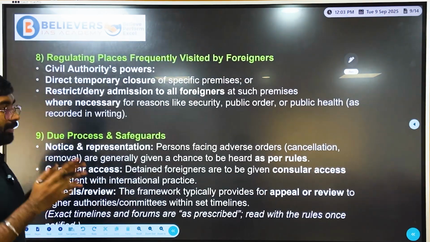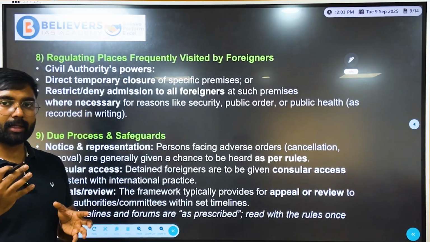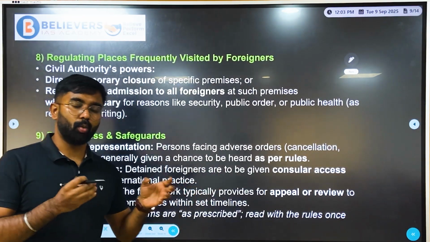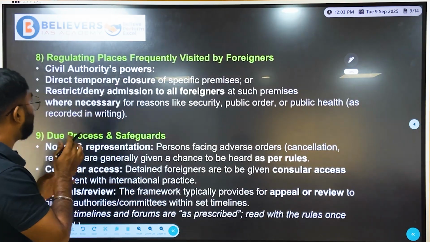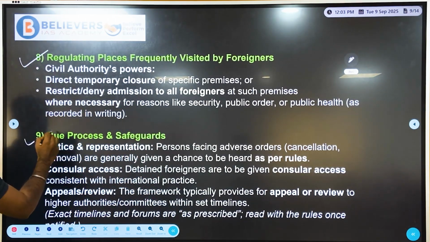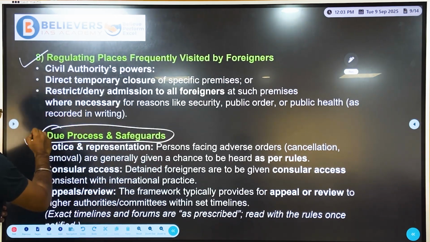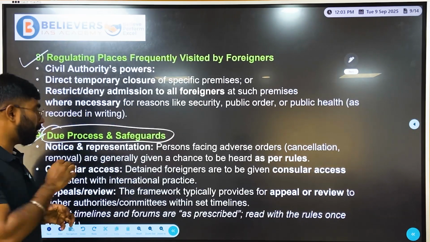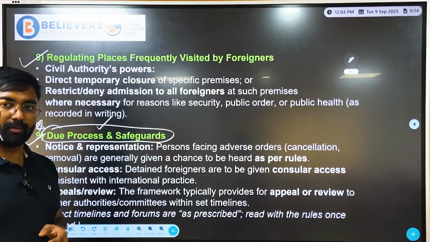So this is also another important provision which has been brought by this particular act. Now, all of these things are being tried to make sure of the safety of the country from India's perspective. But now, in order to make sure that the voice of the foreigner is also heard, there is another important provision, which we will discuss, that is the availability of due process and safeguards even for the immigrant, the foreigner, right?